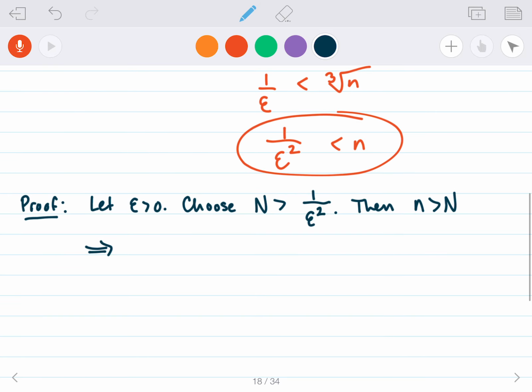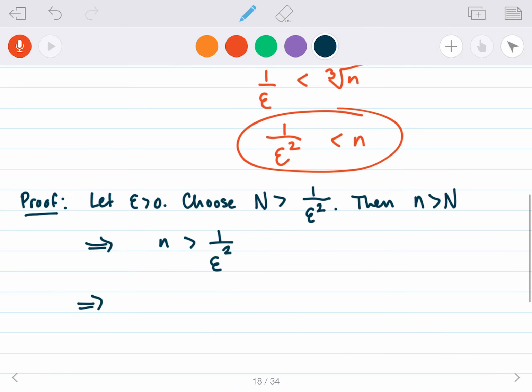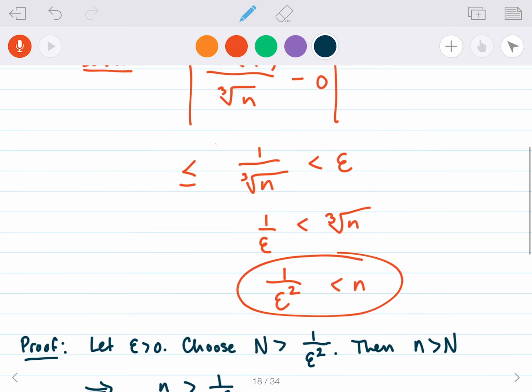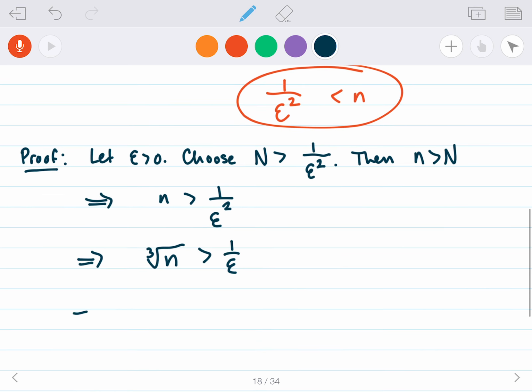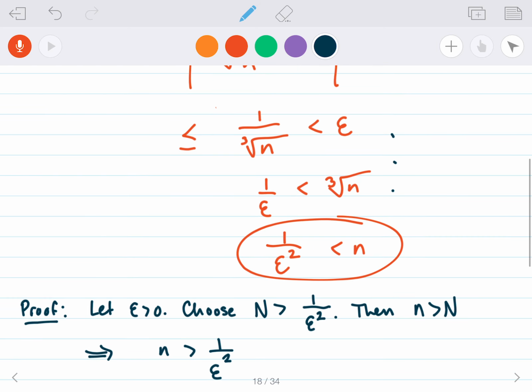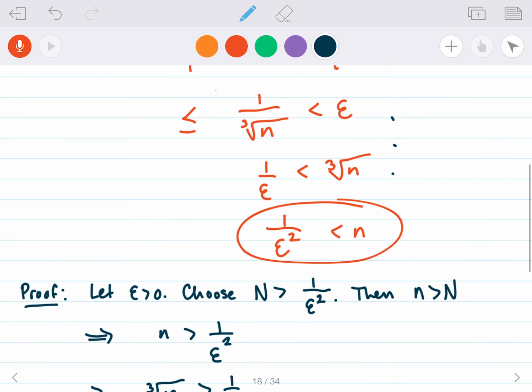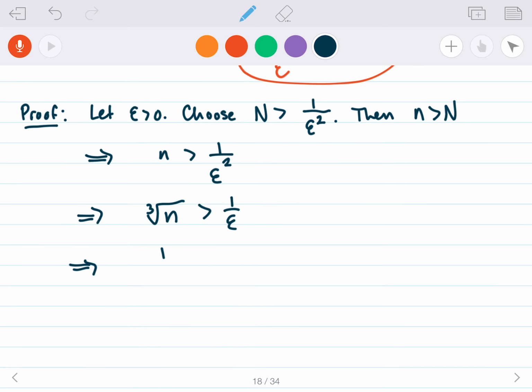We have n is bigger than 1 over epsilon cubed, and this implies, going to the next line, the third root of n is bigger than 1 over epsilon, and this implies that 1 over third root of n is less than epsilon.